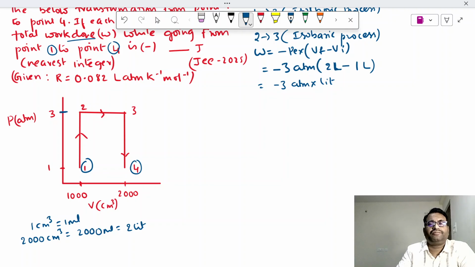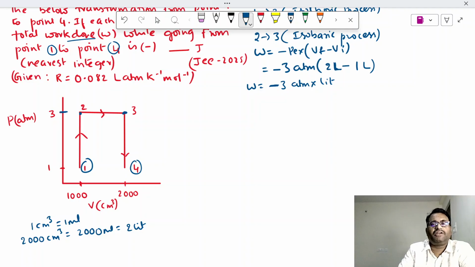If you want to convert it into joule, as the process from 2 to 3 is expansion, work is negative.